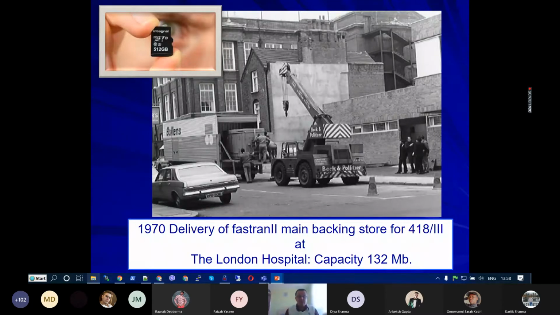There are 50 years of difference between these photos: a truck trying to deliver 100 megabytes of storage to London hospitals 50 years ago, and a picture of a micro SD card, which was taken about 2 years ago and is already outdated. Now 1 terabyte on a micro SD is no problem. So here it is only 50 years in storage capacity.